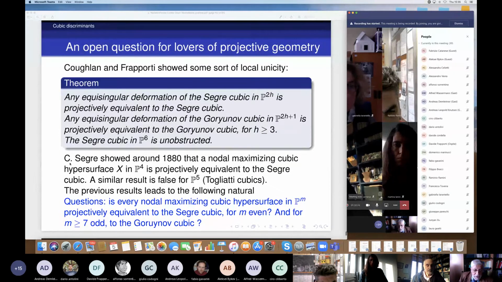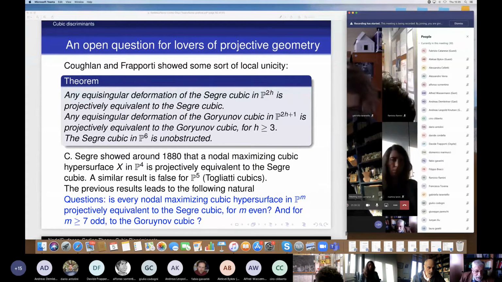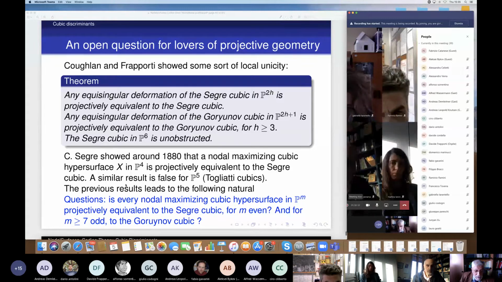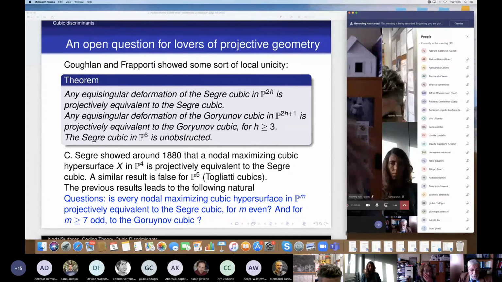Now this is important. Segre, around 1880, in a long memoir showed that the nodal maximizing cubic is projectively equivalent to the Segre cubic. A similar result is false in P5 as shown by Togliatti, but these previous results lead to the following natural question.